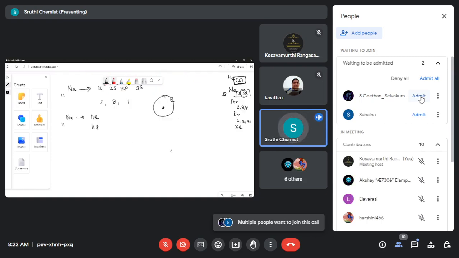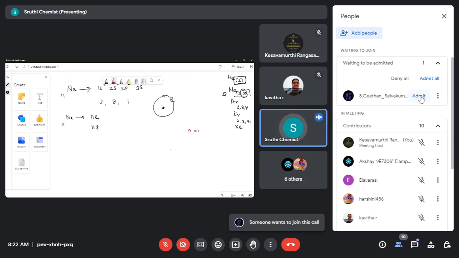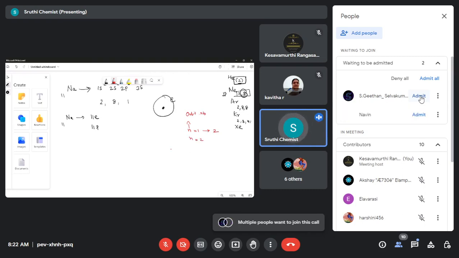What does n denote? n is the orbit number. n equal to 1 means a maximum of 2 electrons, n equal to 2 means 8, and n equal to 3 means 18. These are the maximum numbers of electrons.